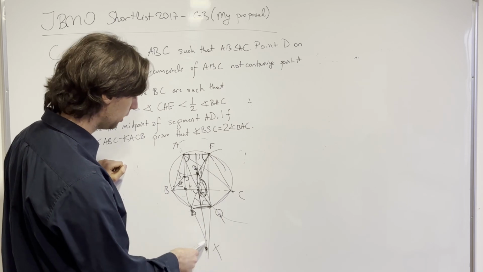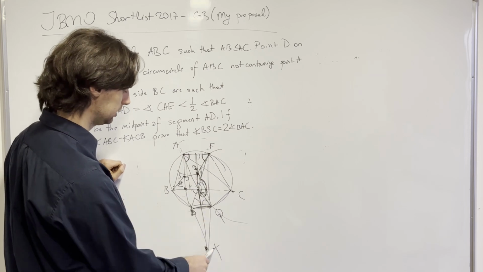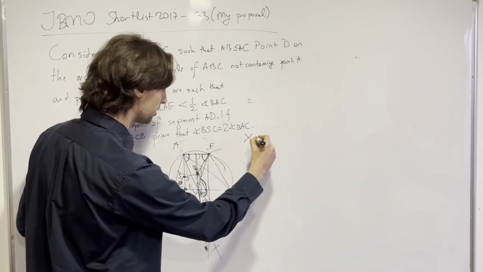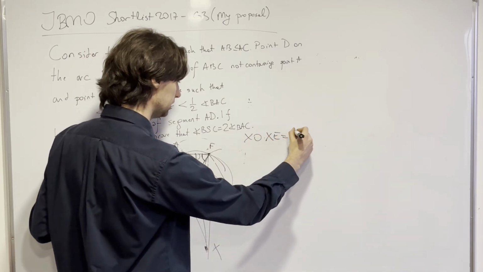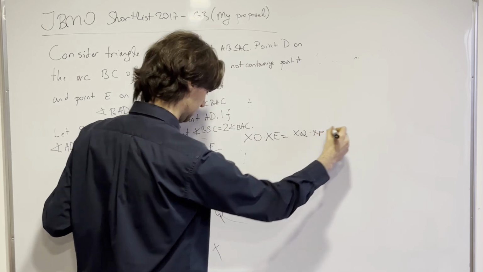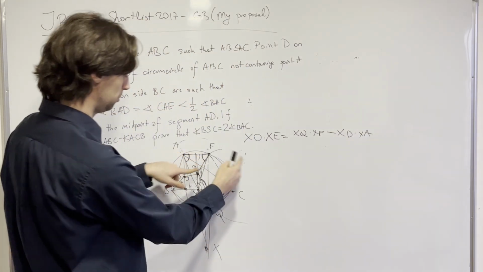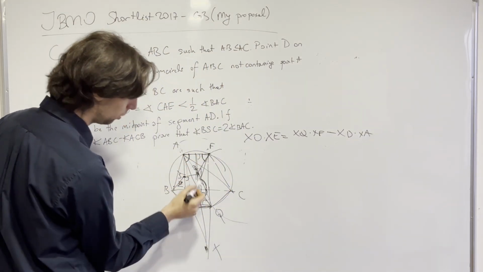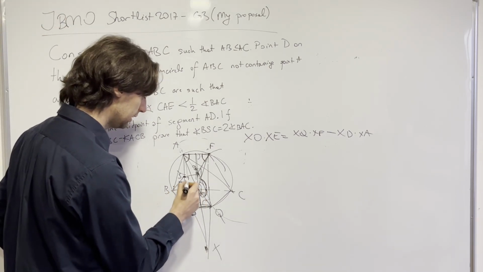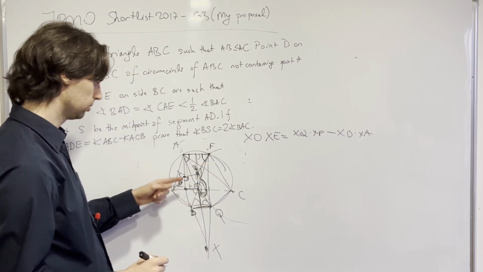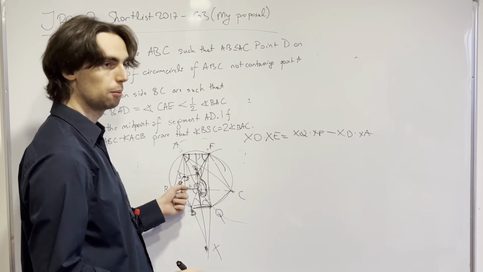And now via power of point, I have that this times this is equal to this times this is equal to this times this. So let me actually write that down. XO times XE is equal to XQ times XF, which is equal to XD times XA, because it's now the power of point with respect to this circle. So these points are also concyclic. Now, another thing is because this is a 90-degree angle and this is a 90-degree angle, O, E, Z, and S: OEZ and OSZ are both 90.